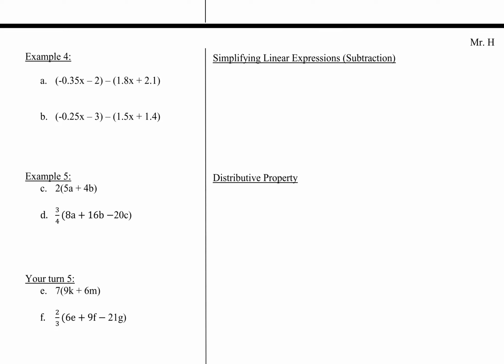Now with subtraction, there's one step that you need to do before you do anything. We're subtracting two expressions, taking this expression here and subtracting it by this expression. So when you subtract, we're going to add the opposite, just like we did when we dealt with integers. The first expression stays the same.